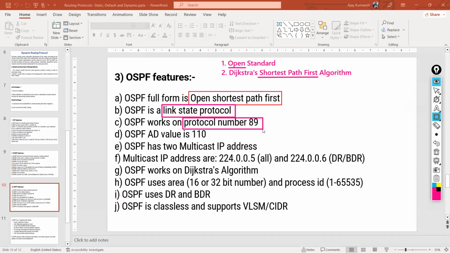Then what is the AD value for EIGRP? 90 for internal routes, 170 for external routes. Correct? Then multicast address. What is the multicast address being used?